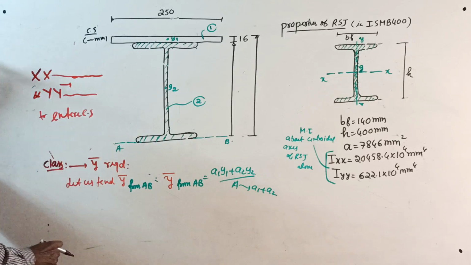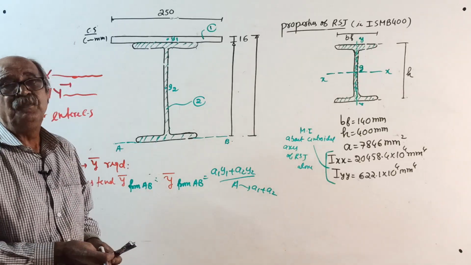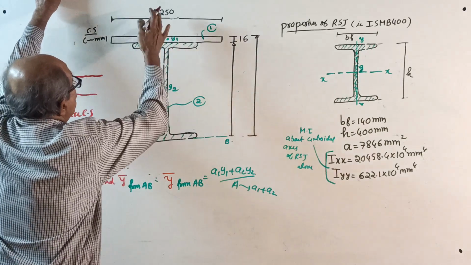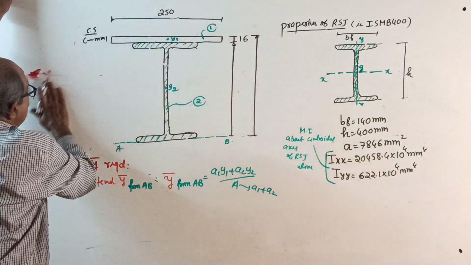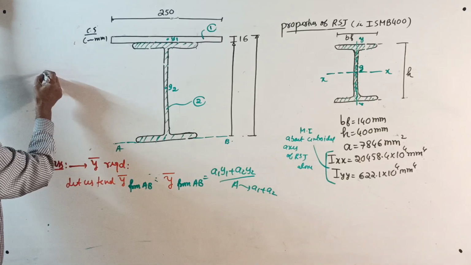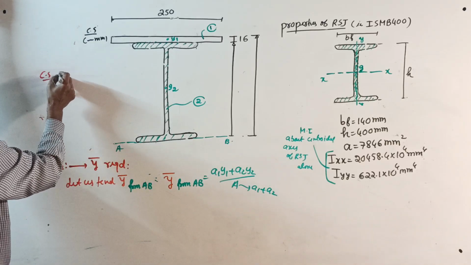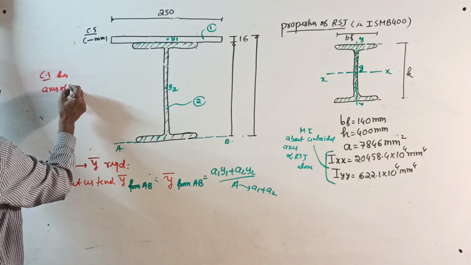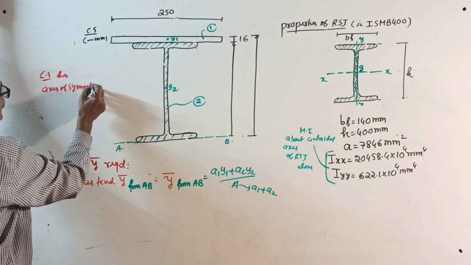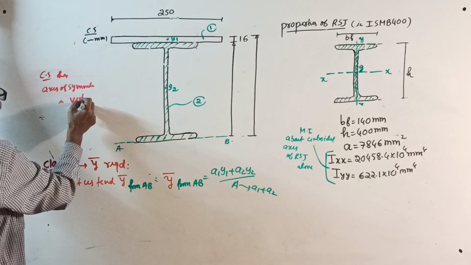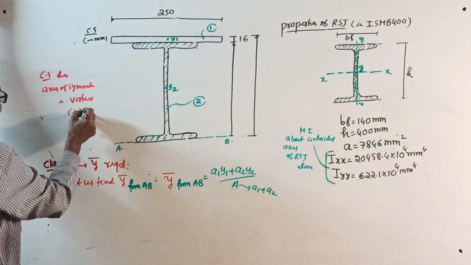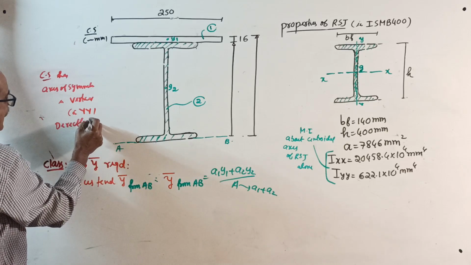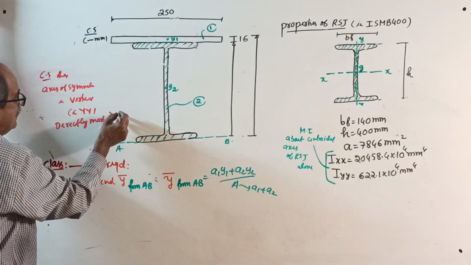Now always remember, if symmetry is there, draw directly. Make a note. Here the cross section has an axis of symmetry, that is the vertical axis, that is YY. So directly mark YY.